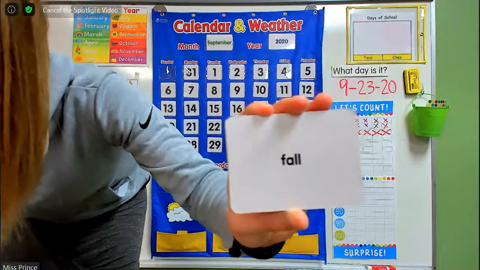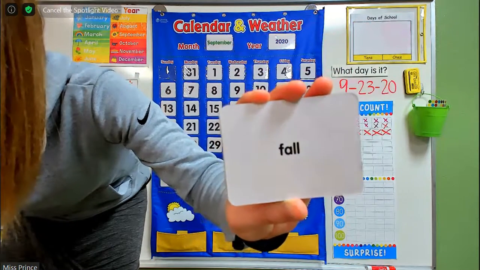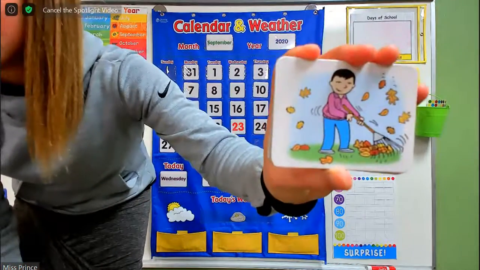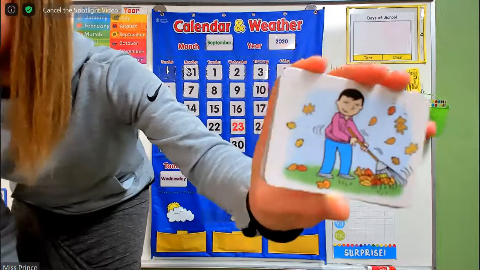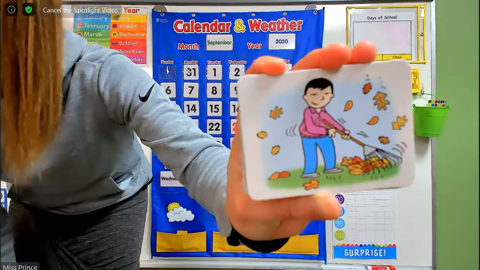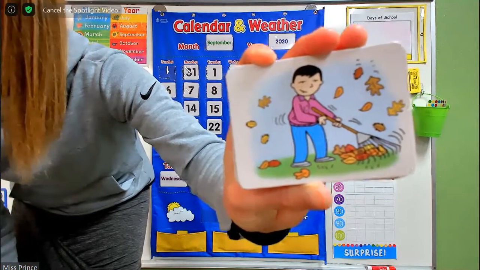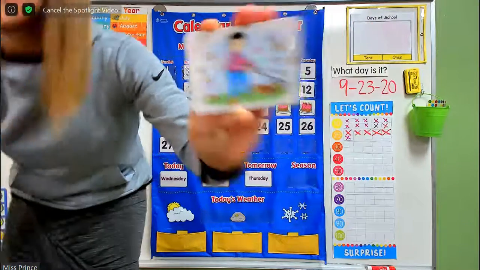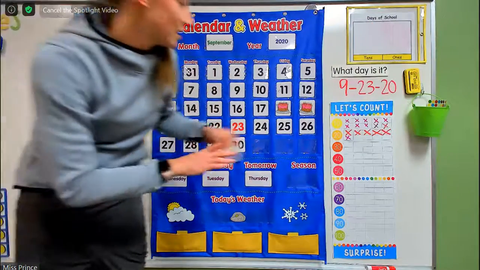He thinks that you're doing the weather. En inglés se dice, sí, es otoño. Can you say fall? The season is fall. Adrian, can you say fall? Fall. Nice job. The season is fall.